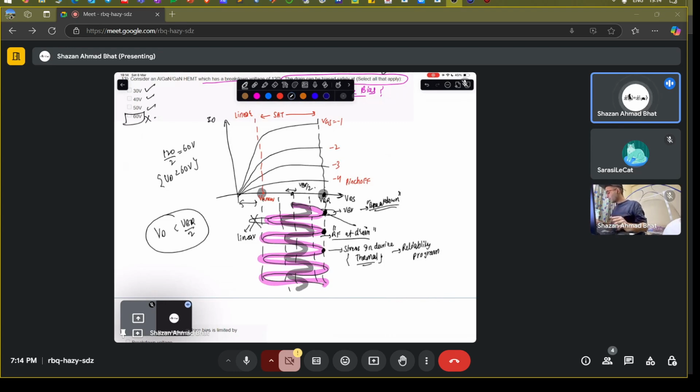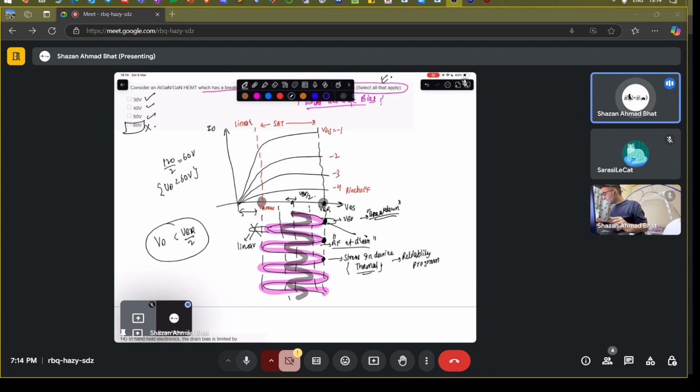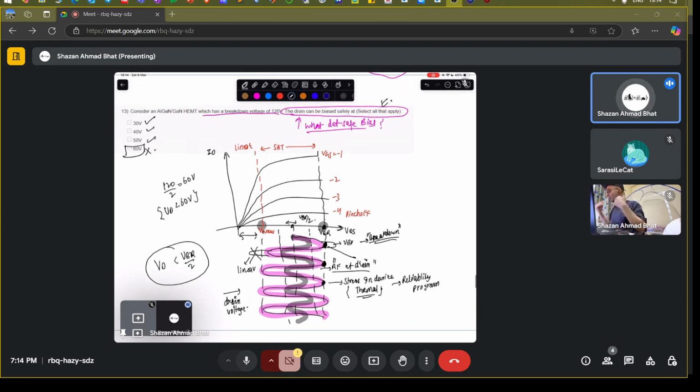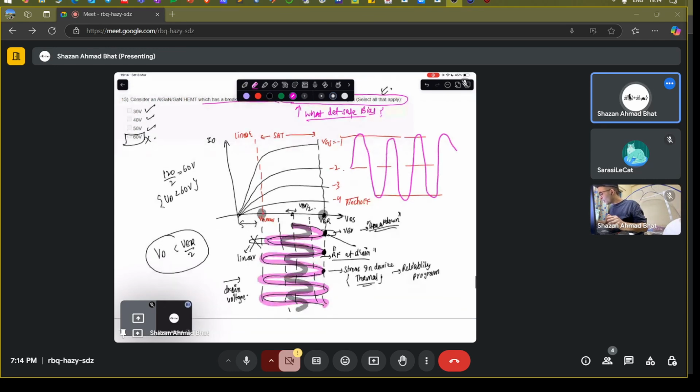Okay, so this is how the drain voltage swing should be, and there should also be a current swing, showing how the drain current should vary. Let's say you have a drain current swing which looks something like this. Here, this is the drain current swing.